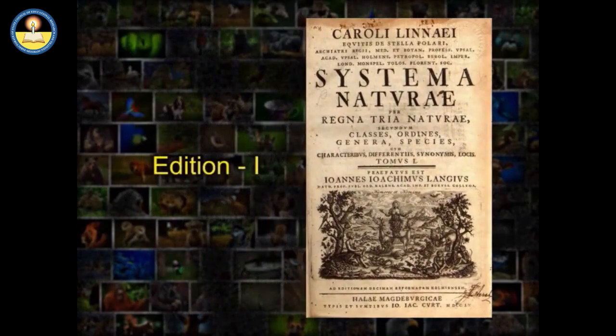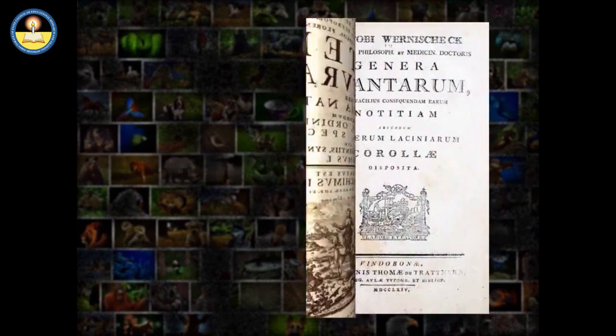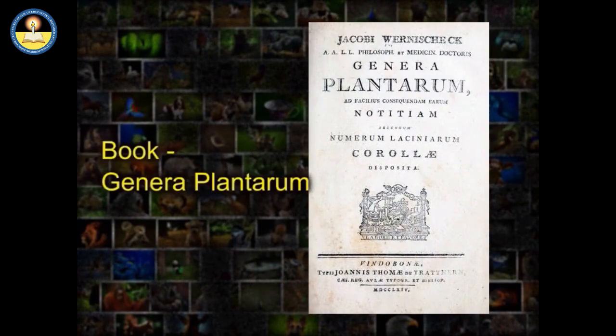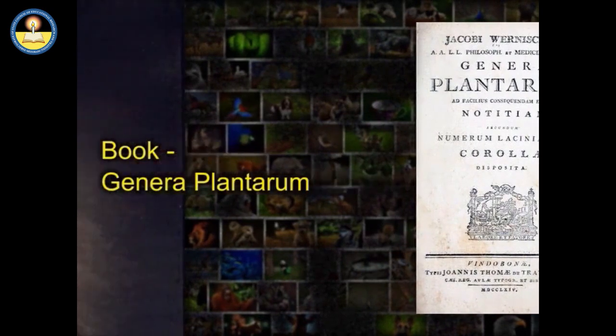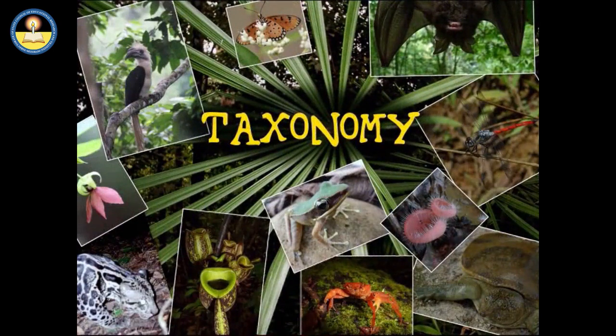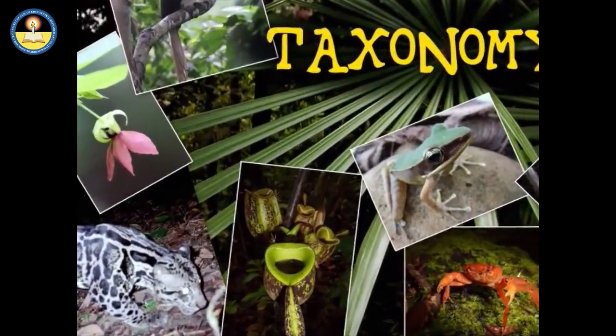During his lifetime, he completed several editions of the Systema Naturae, and 6 editions of another book, the Genera Plantarum. Carolus Linnaeus is also known as the father of taxonomy. Taxonomy is the branch of science that deals with classification of living organisms.